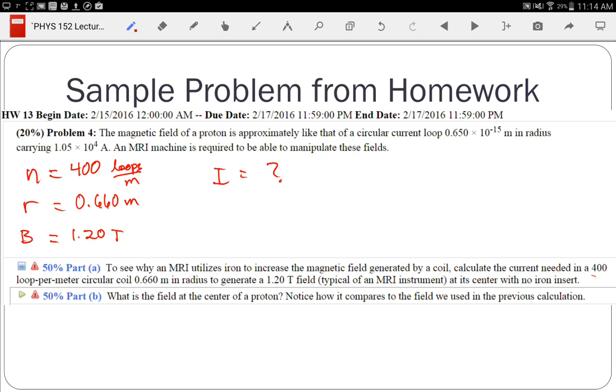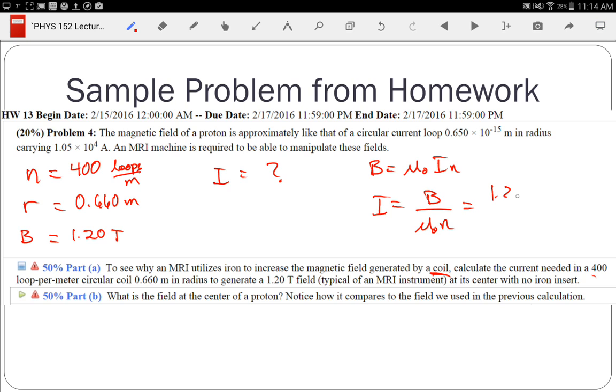To answer this, I say, okay, this is a coil or a solenoid. And what's the equation that finds the magnetic field for a solenoid? That's for a wire. Okay, so it's the one I just did, mu naught I times n. Well, I'm trying to find I, so I is just equal to B over mu naught n.